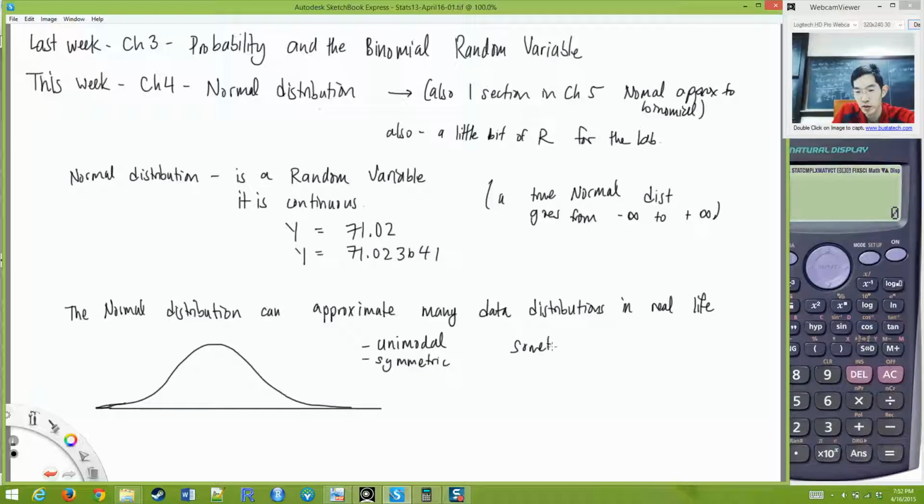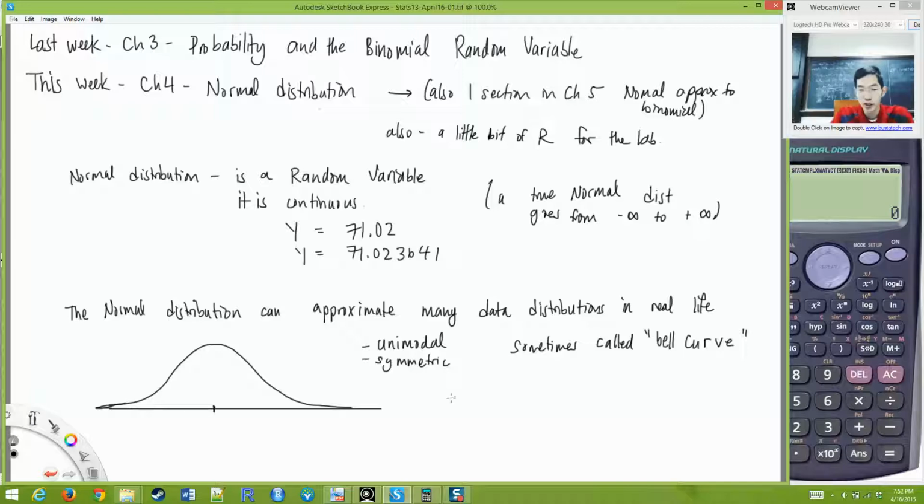Sometimes called a bell curve because I guess if you put a handle on it, it looks kind of like a bell. And the idea is that values in the middle are most common, and as you go further above the middle, values become less and less common. And if you go in the opposite direction, below the middle, they also become less common.